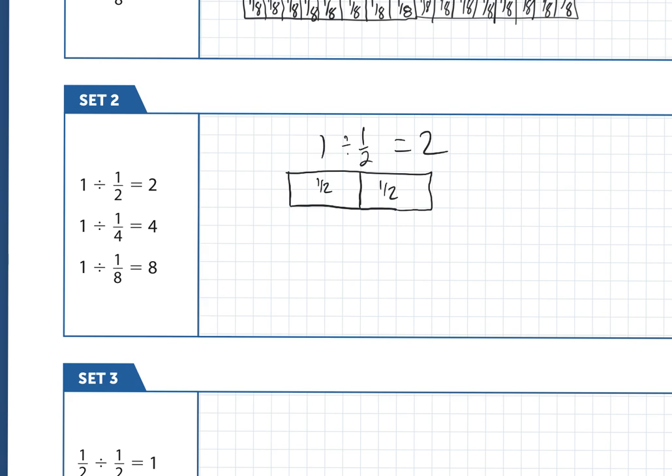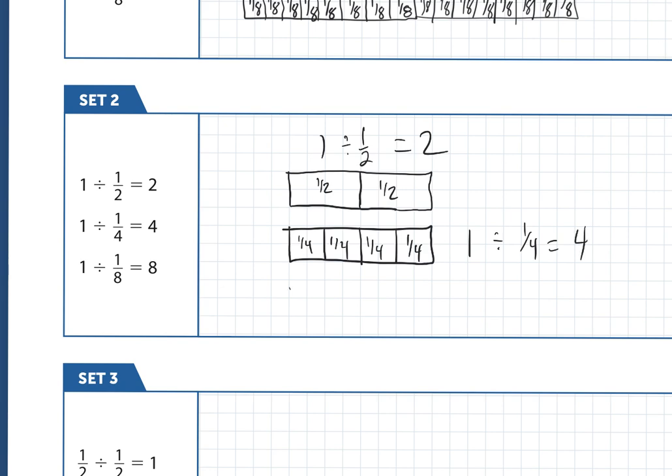I wrote a little bit large, so I'm going to erase that. 1 box divided by fourths, so 1 divided by 1/4 equals 4.